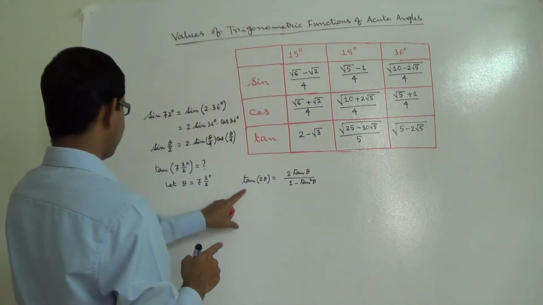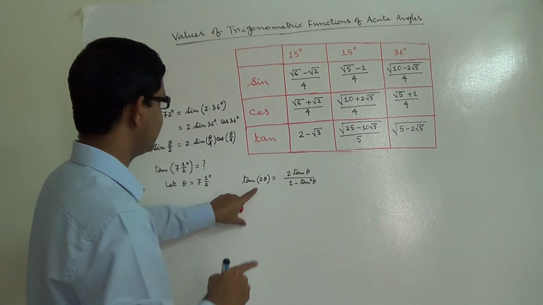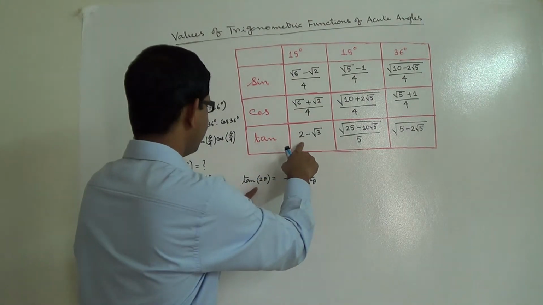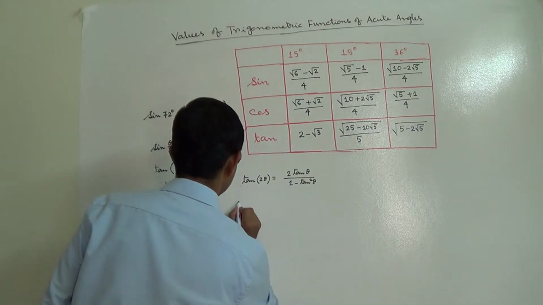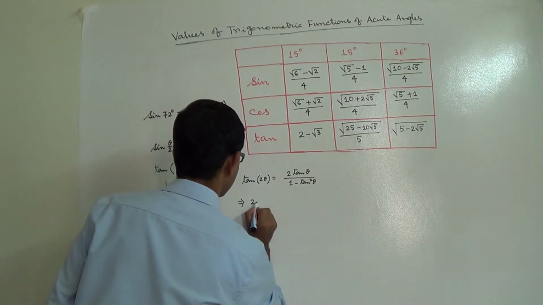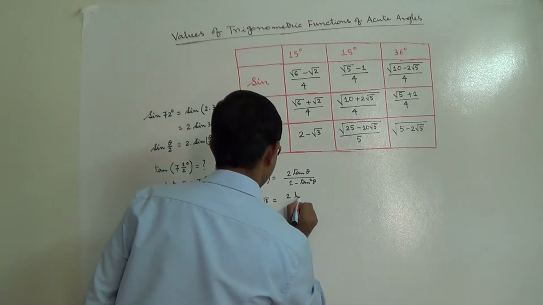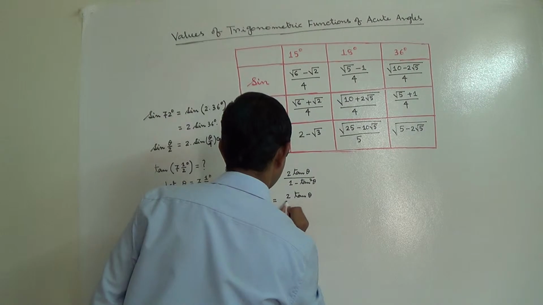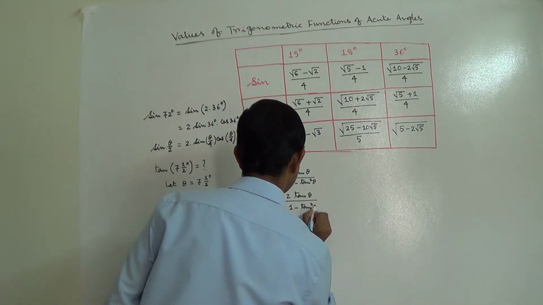Now if theta is 7.5 degree, the value of tan 2 theta is nothing but the value of tan 15 degree, which is 2 minus root 3. So this implies 2 minus root 3 is equal to 2 tan theta divided by 1 minus tan square theta.